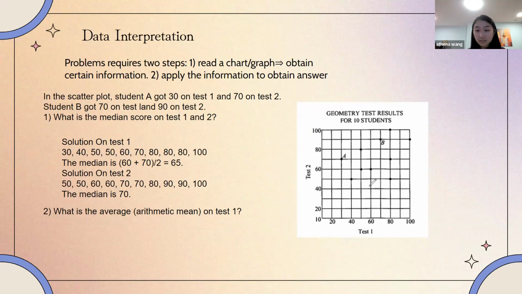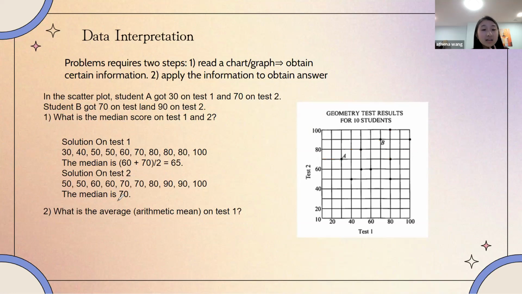So 1, 2, 3, 4, 5, and 6. Those are the ones in the middle, and they have a score of 70. So the median is 70. The average of them is 70 because they both have the same score.